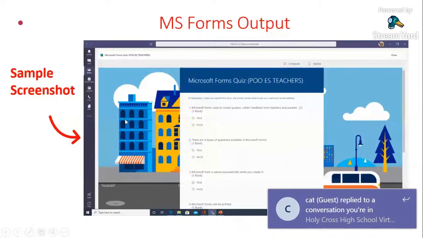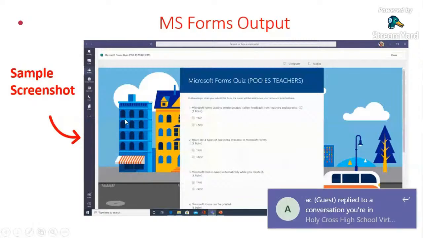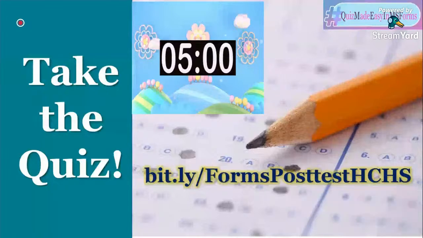Now I will give you the post test, but you can do it later after the session, after my next session. You can copy this link first: bit.ly/forms post test HCHS. So we will see if you have learned something from me.